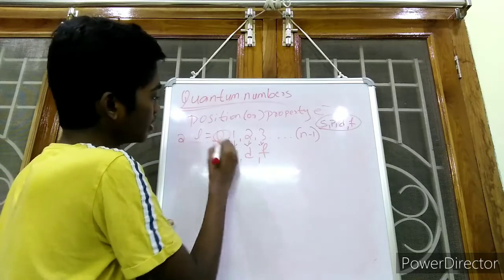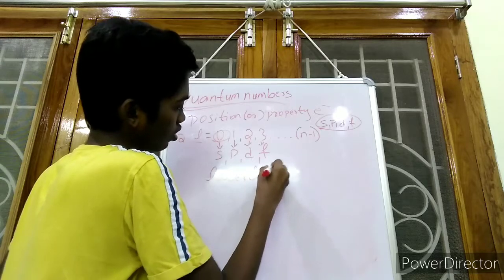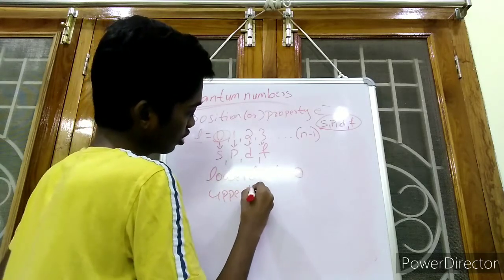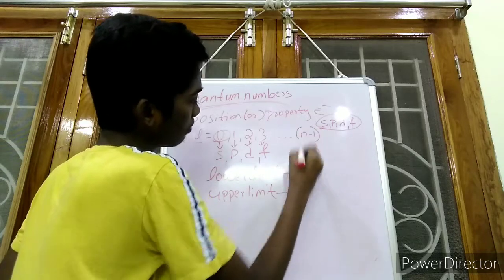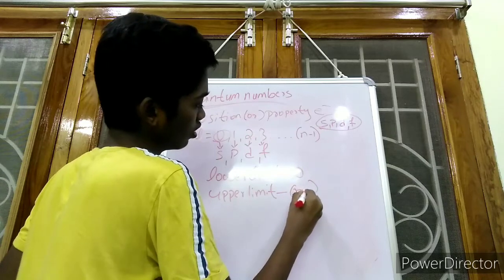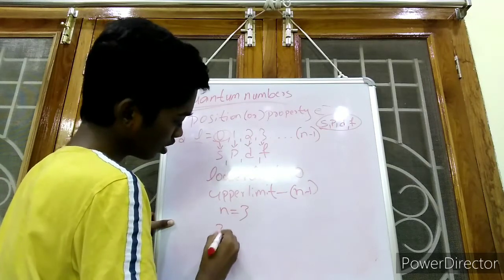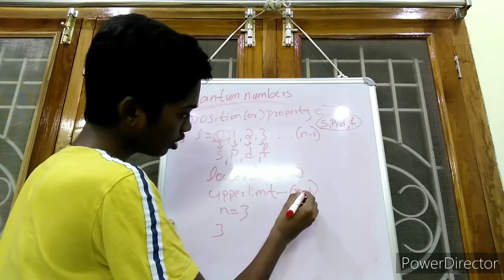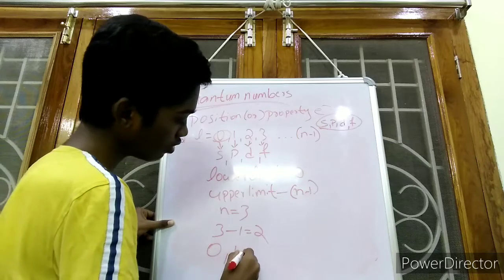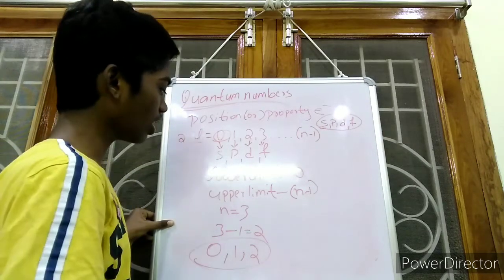Here the lower limit is 0 and the upper limit is n minus 1. If they give n value as 3, we substitute in this formula, 3 minus 1 equals 2. So we can write it as 0, 1, 2. Now this is the azimuthal quantum number.